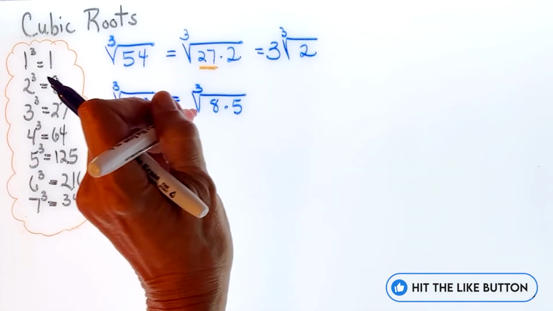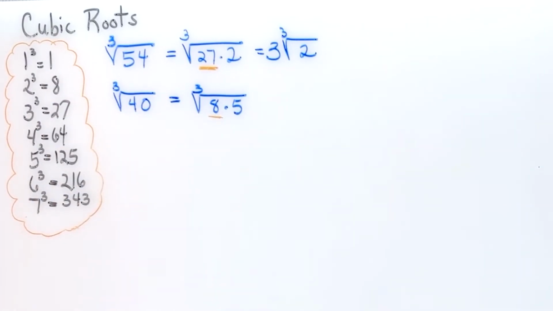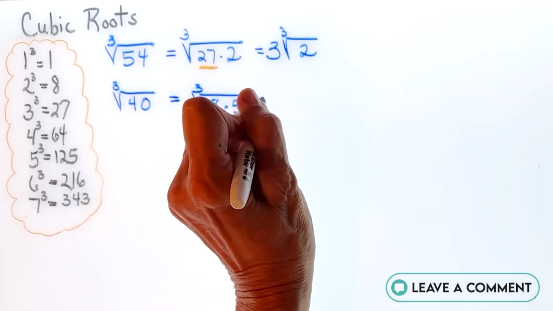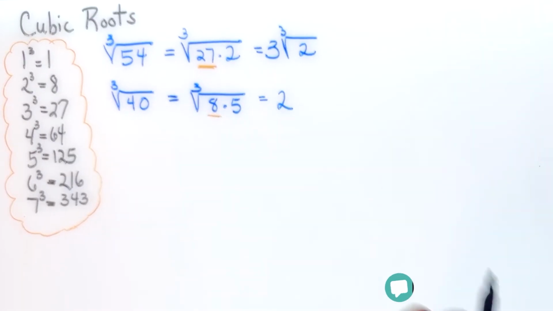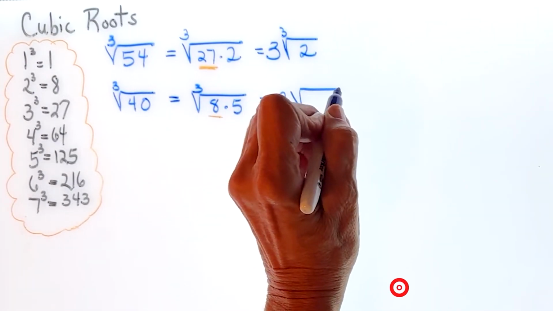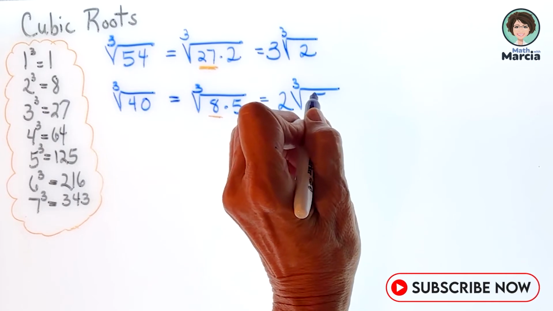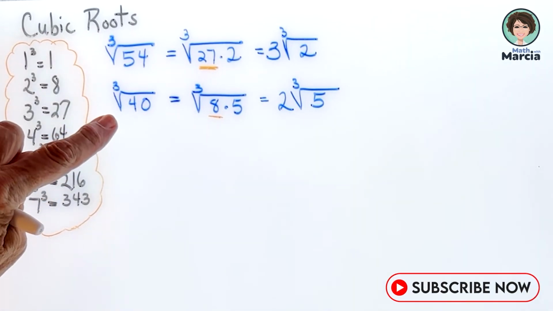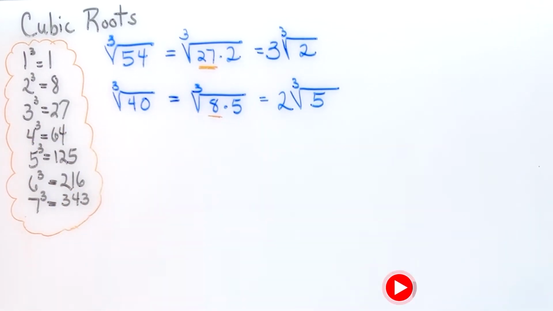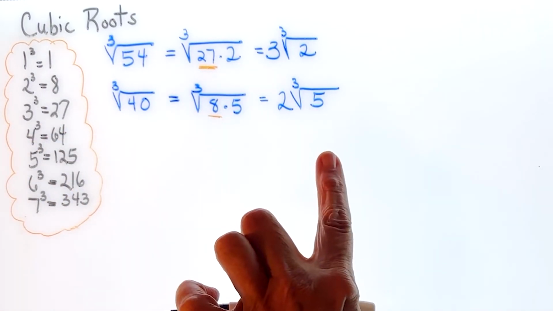Looking at our little list, we see that the 8 is a perfect cube. So I can simplify it. 2 is shown coming out of the cubic root, and 5 is still inside. So the cubic root of 40 is equal to 2 cubic root of 5.